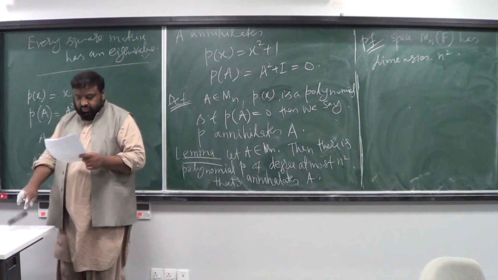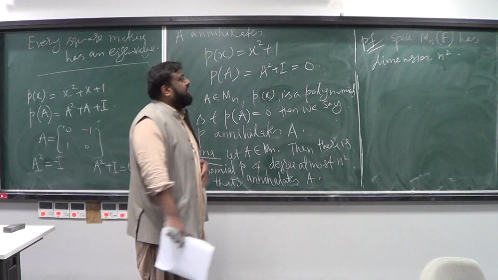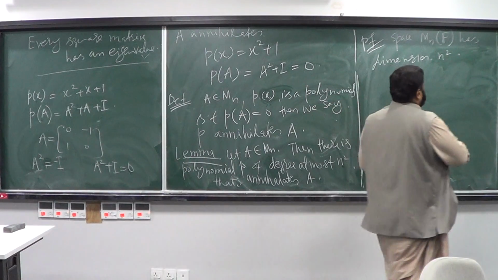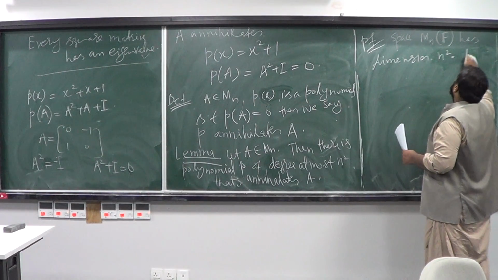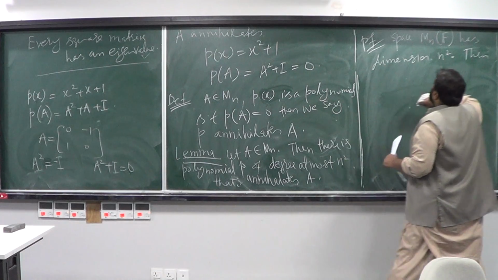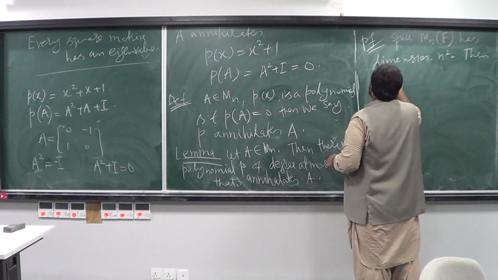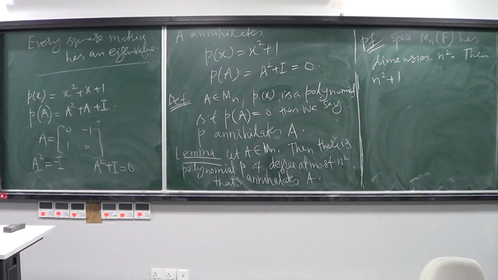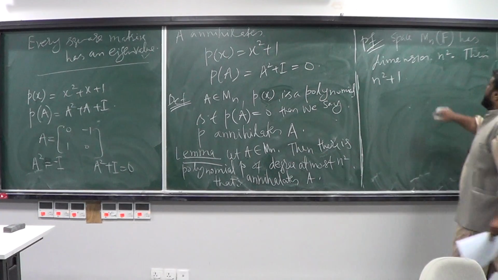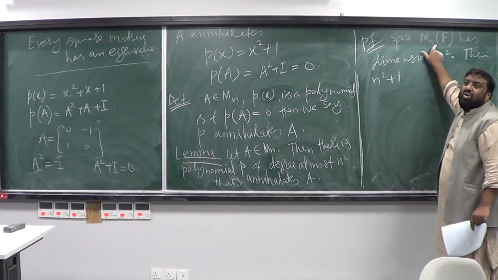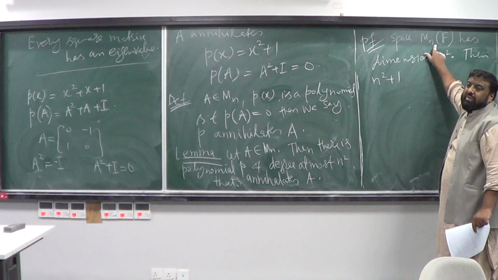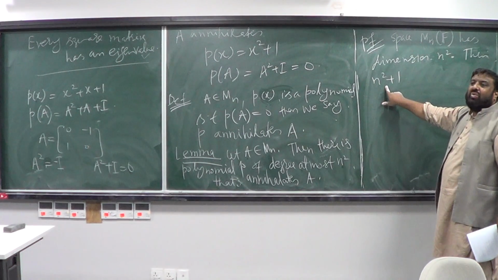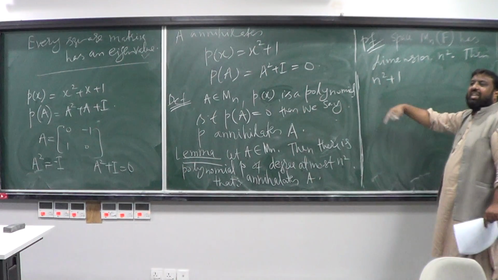Then, if you take n square plus 1 matrices, one more than the dimension of M_n(F), these n square plus 1 matrices must be linearly dependent.